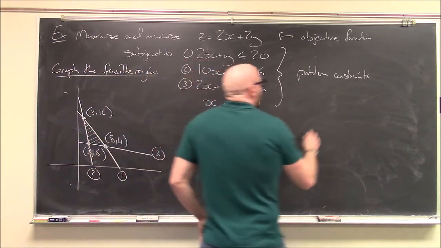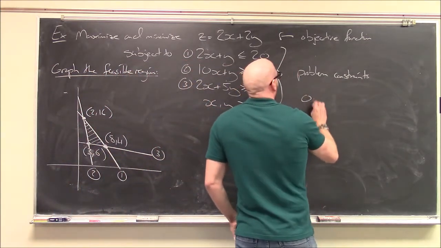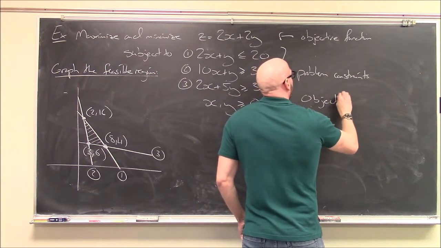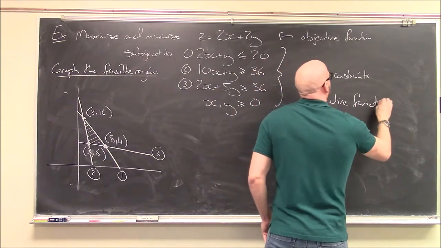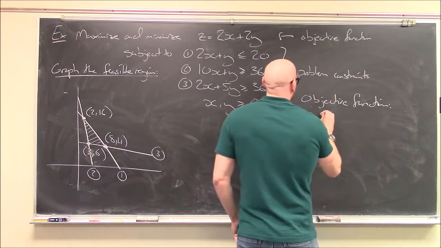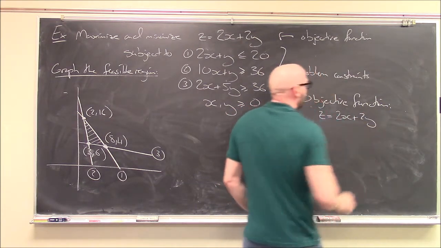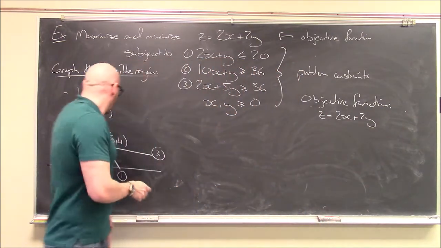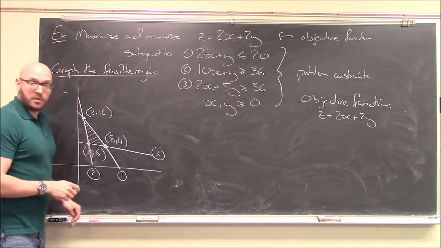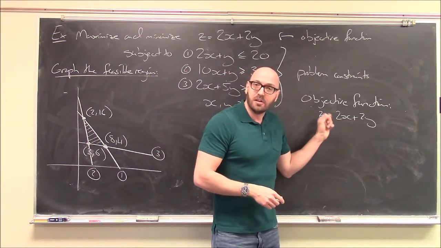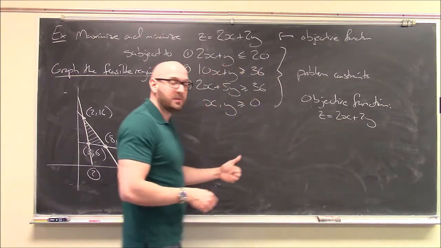So here's our objective function. It's z equals 2x plus 2y. I want to find points in the plane with coordinates x and y that when I plug them into this function, make this function as large as possible and as small as possible.